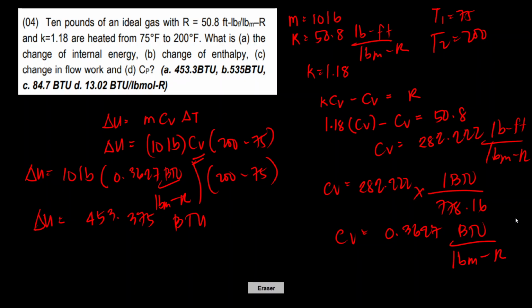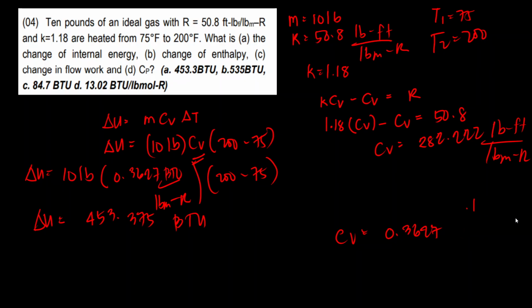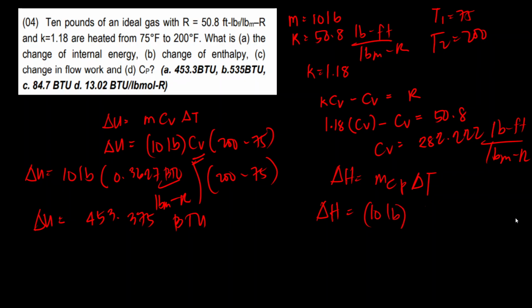Ang enthalpy po natin is equivalent to the formula, if you remember, that is delta H is equals to m Cp delta T. Okay? So, delta H, meron tayong 10 pounds na mass. Cp, hahanapin natin by using Cp is equals to k Cv.